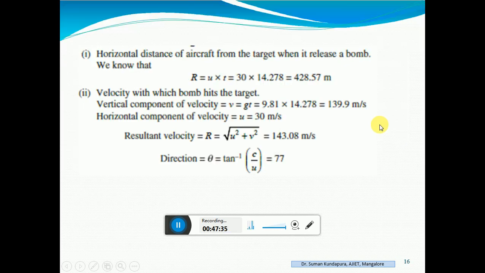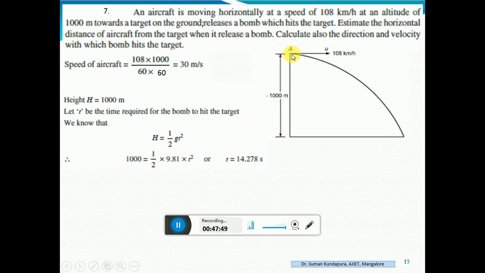Okay, so next we are supposed to find the velocity with which the bomb hits the target. We have two components, the vertical component of velocity and the horizontal component of velocity. This horizontal component of velocity u is constant throughout, whereas the vertical component keeps on changing because of the influence of g on the bomb which is falling to the ground.